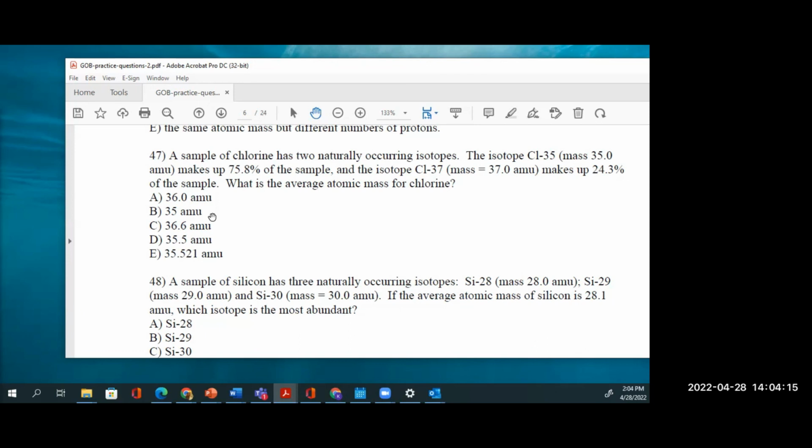How do we go about doing that? You said A? Okay, so we have A and D. Those are our choices. So the way we would calculate that is we take that mass, 35, multiply it by the decimal version of this, which is 0.758.